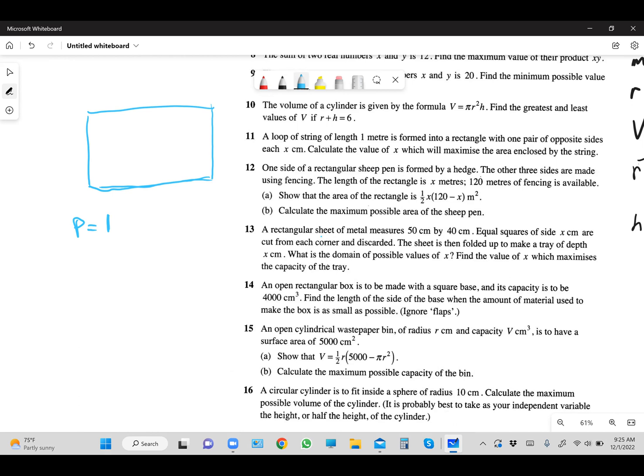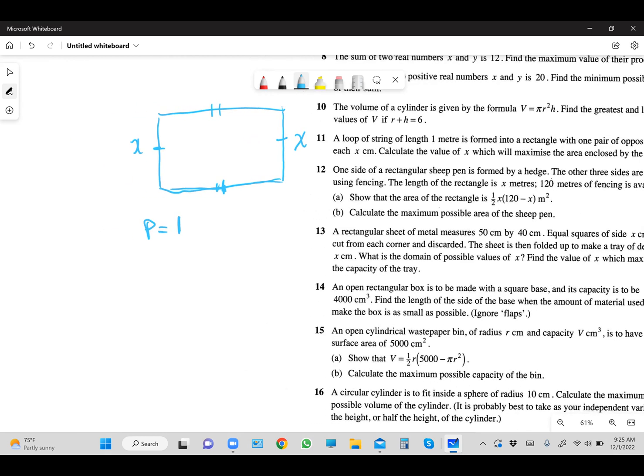Now it says into a rectangle, 1 pair of opposite sides each x centimeter. So x and x. These sides have to be equal to each other, since opposite sides on a rectangle are equal. It says calculate the value of x which will maximize the area enclosed by the string.